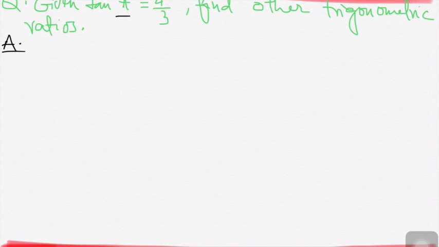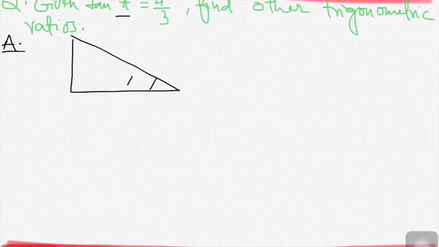So we'll draw a right angle triangle ABC, and what is given? Tan A. So let's consider this is A.